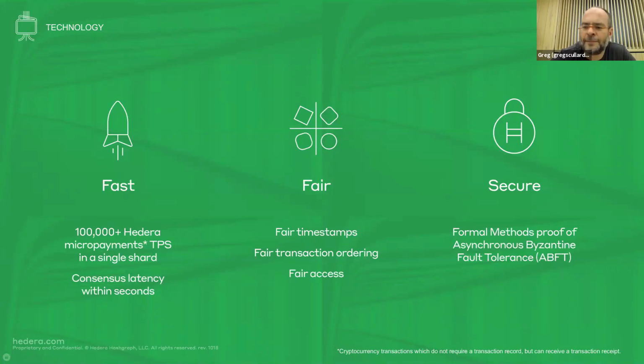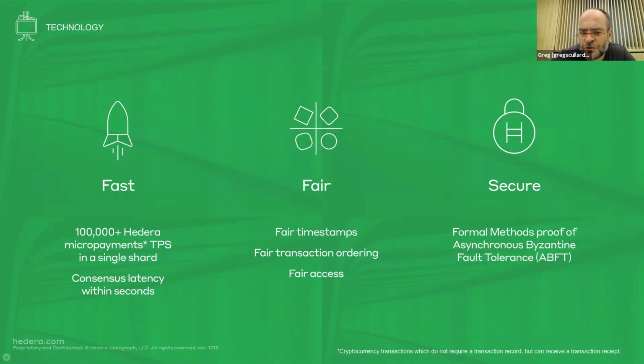It's fair. The platform offers fair timestamp, transaction ordering, and access. I touched on that in the DLT 101 earlier. But you can send your transactions to any node on the network. All of the nodes participate in consensus, and the transactions are therefore ordered by median timestamp as agreed by the nodes through the consensus algorithm.